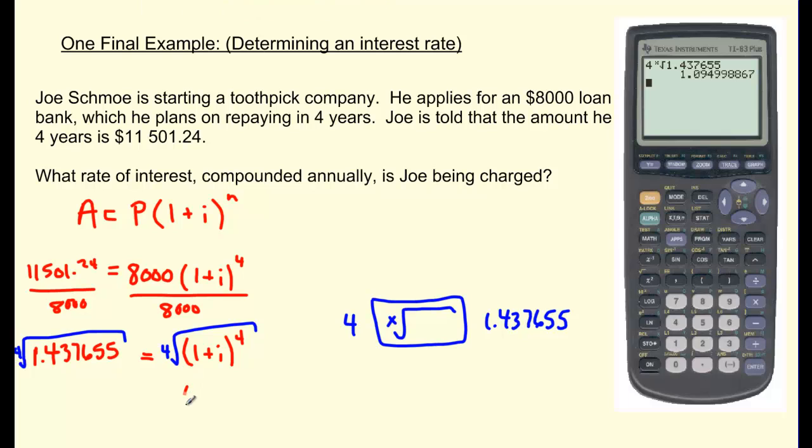So we get 1 plus I equals 1.09499, and then basically another 9, rounded. So this looks as though it's 1.095 essentially if we round it.